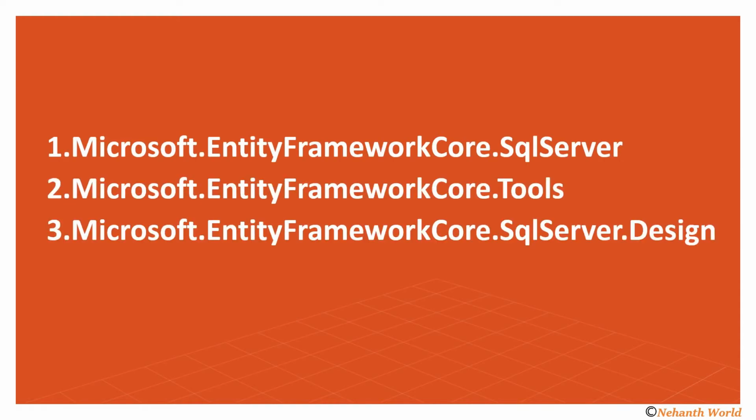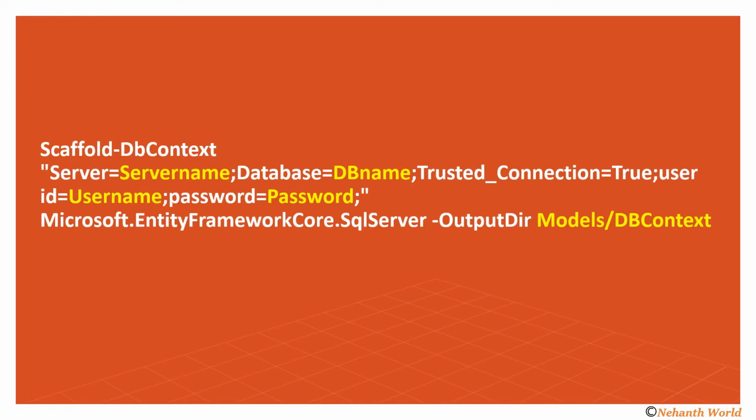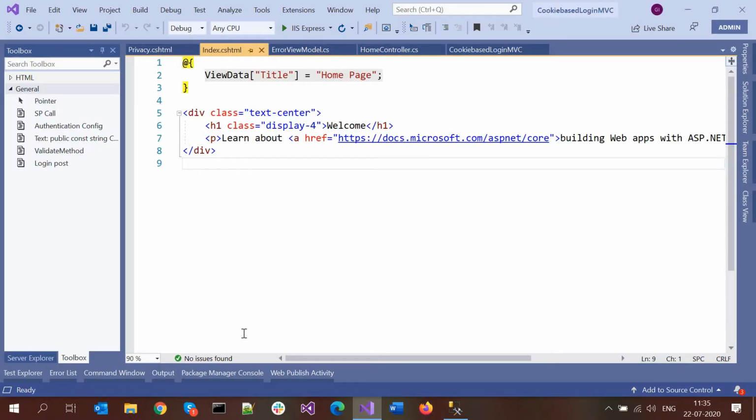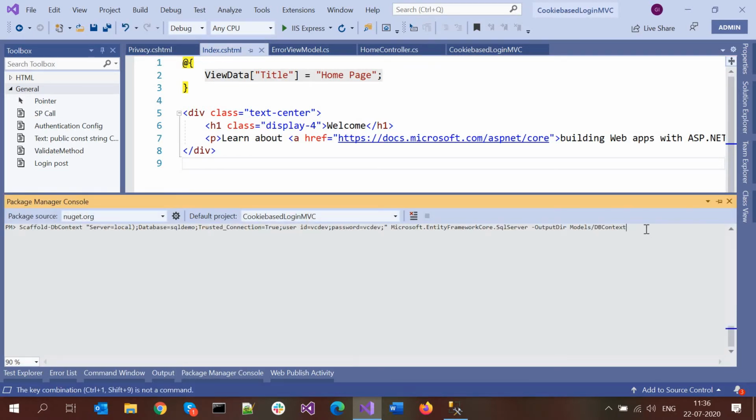Now that the package installation is done, we need to run this command to generate the SQL Server DB context. Let's do it now. Go to package manager console. Paste the scaffold command here, and modify your database credentials details like server name, database name, user ID and password, and press enter.